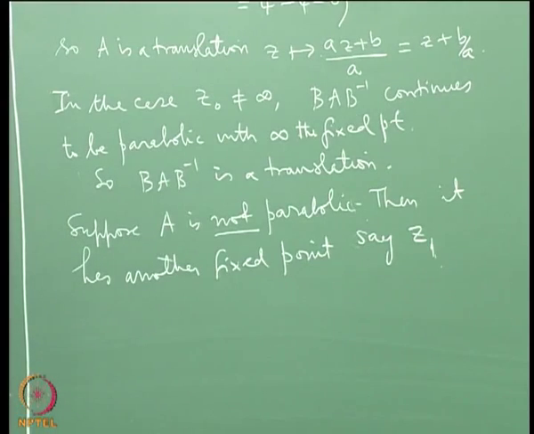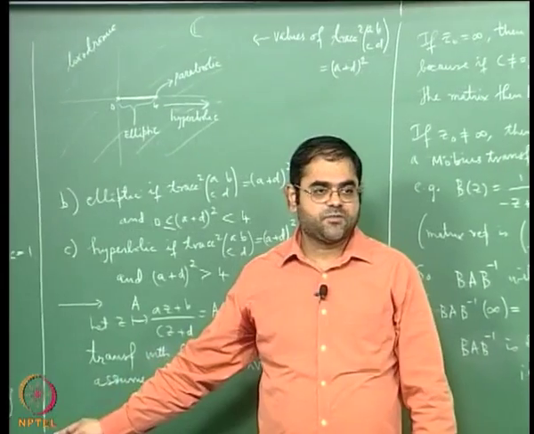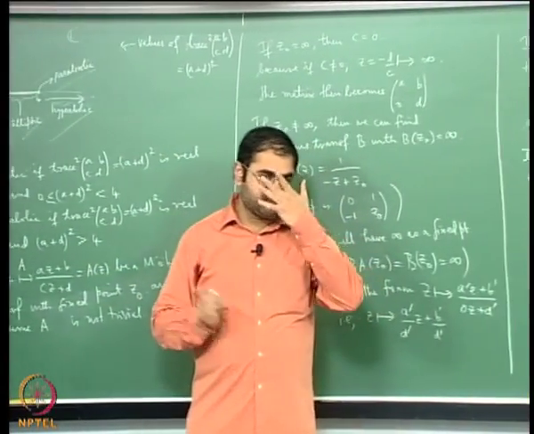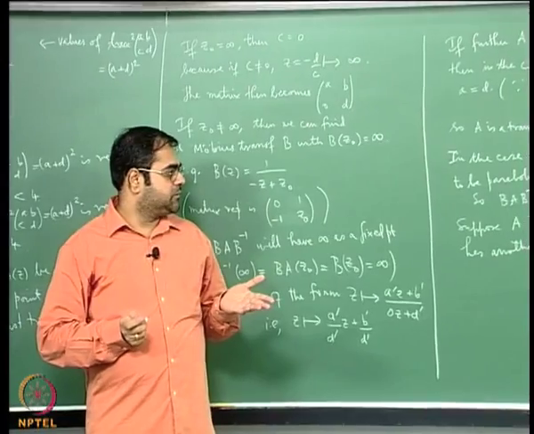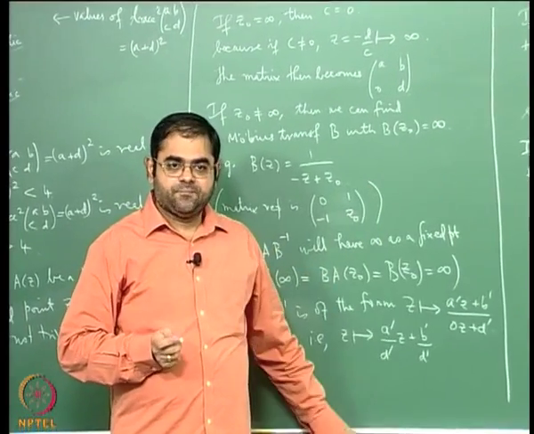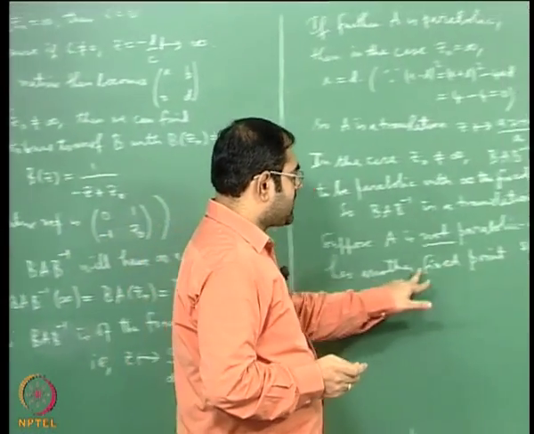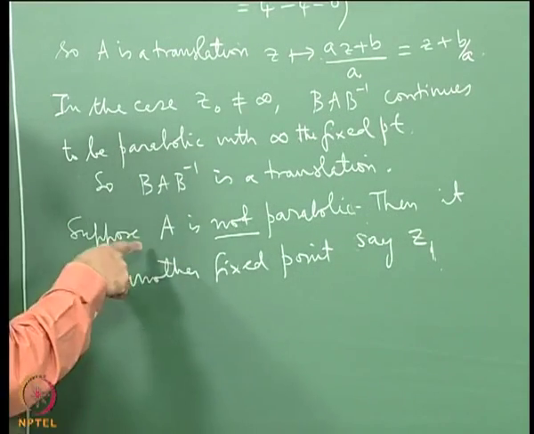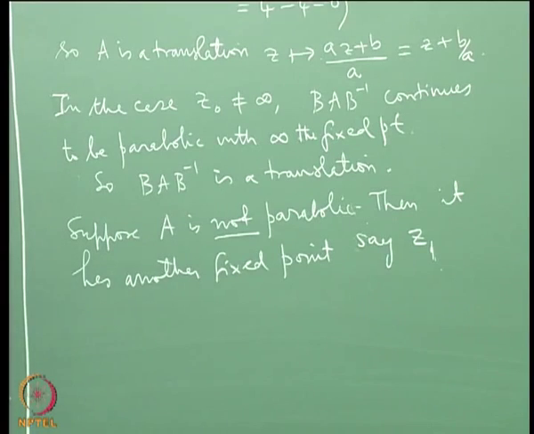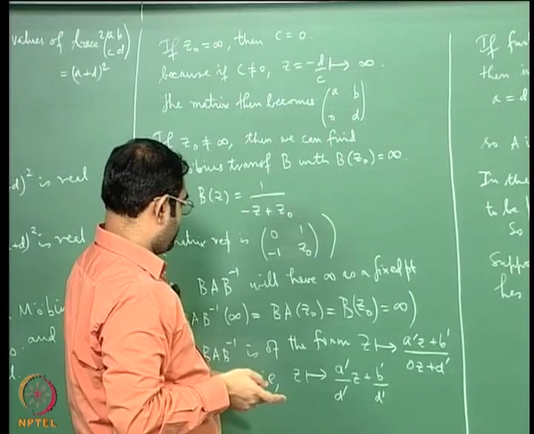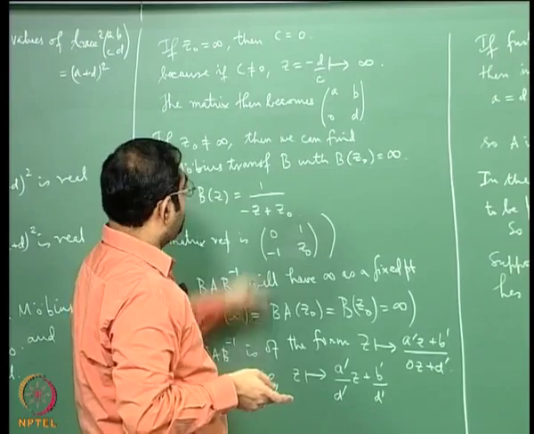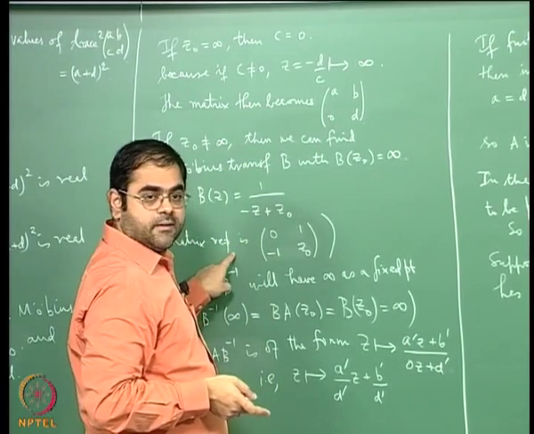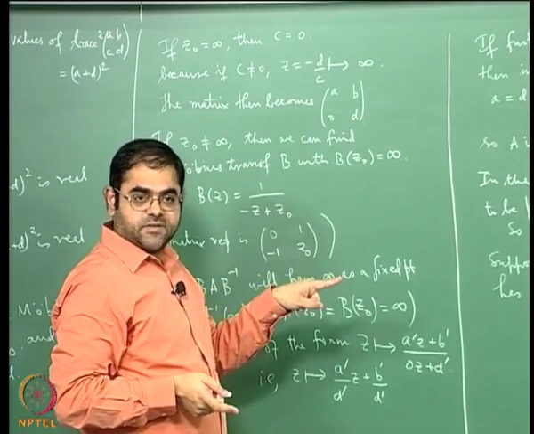That means we are now in the remaining cases. So A has to be either loxodromic, elliptic or hyperbolic, and we want to see what kind of form A has. If it has another fixed point Z1, in either of these cases I can always find a B such that infinity is the first fixed point.